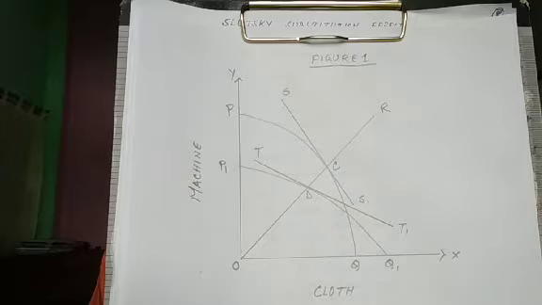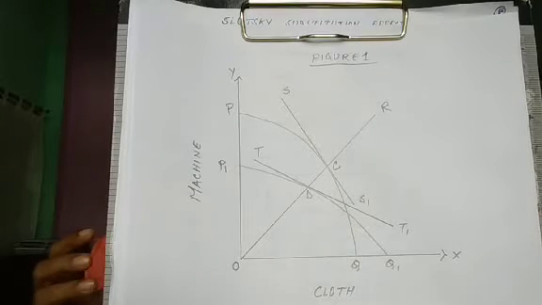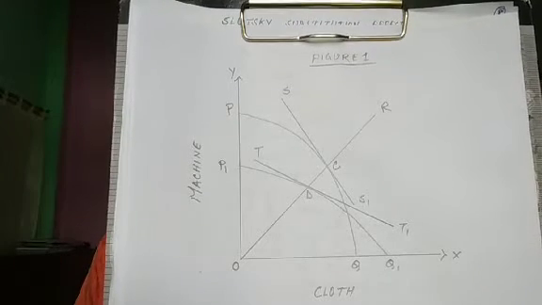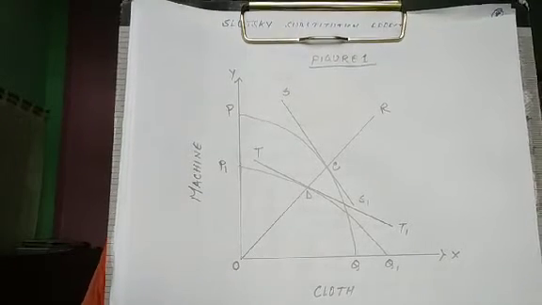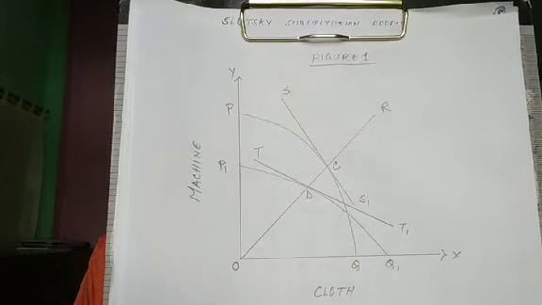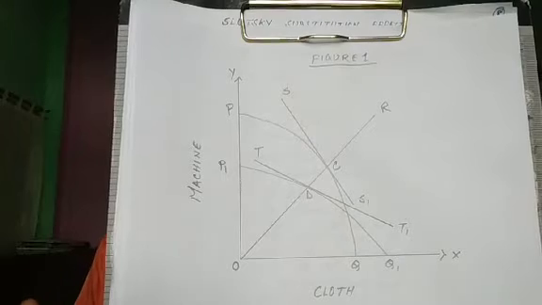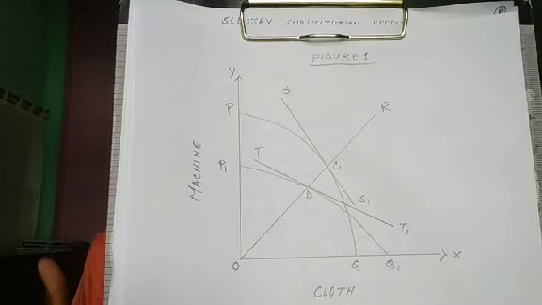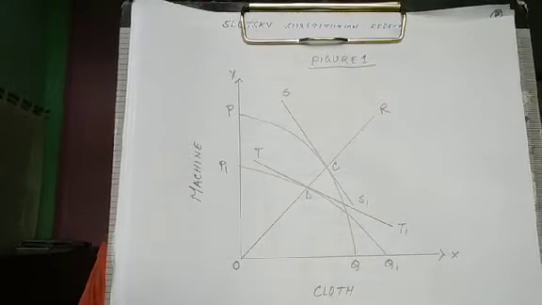And country B will produce cloth, which is labor intensive, which means that it requires a combination in which there will be more labor and less amount of capital. So there will be specialization between the two countries and machine will be exported to country B and country B will export cloth to country A.